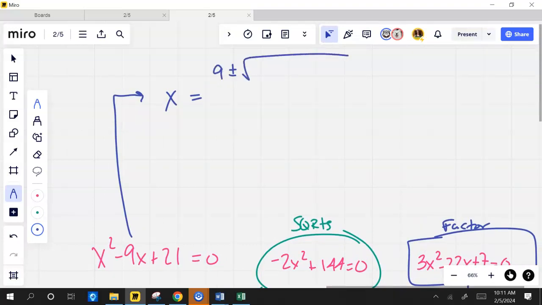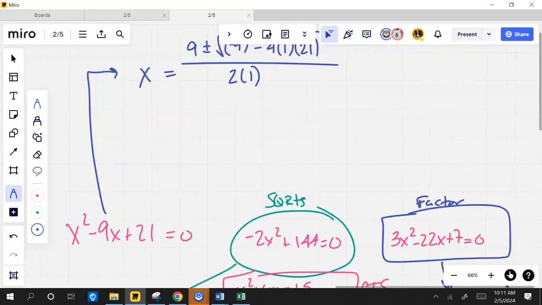Plus or minus square root of what? Minus 4 times 21. All over 2 times 1. Clean up the radical first before you do anything else.